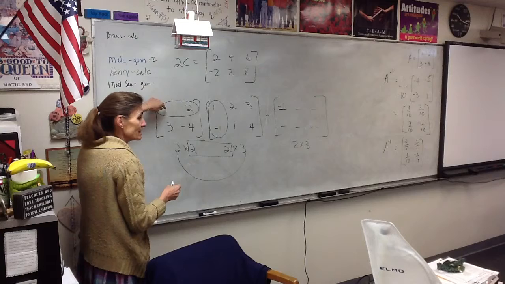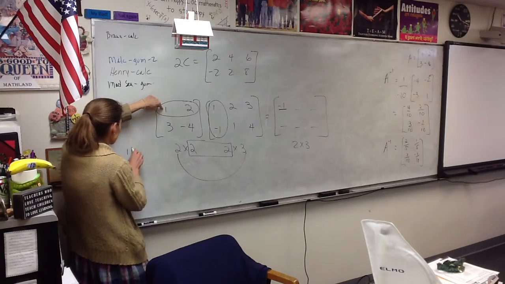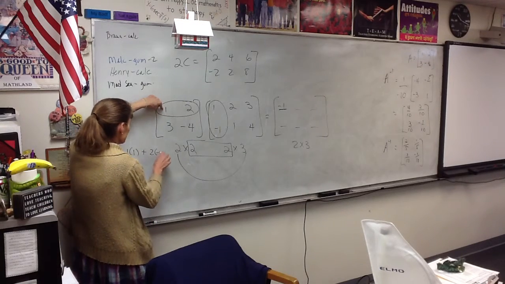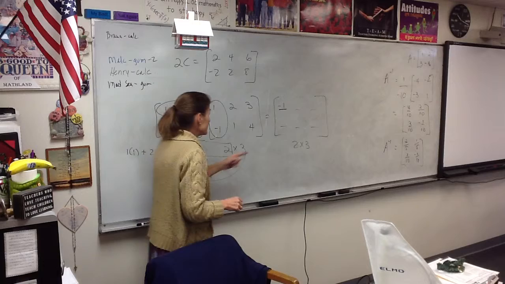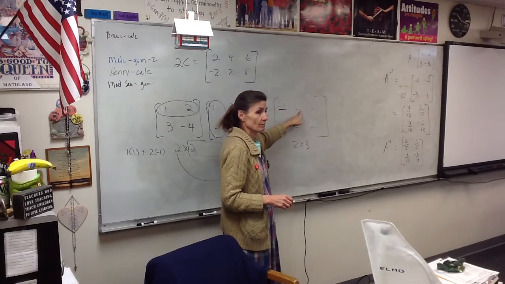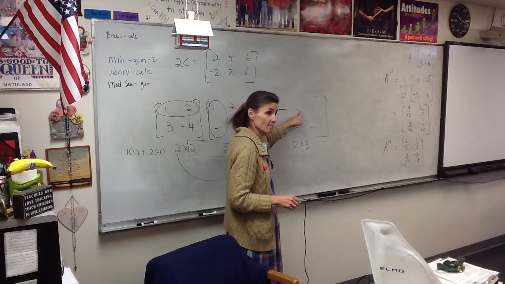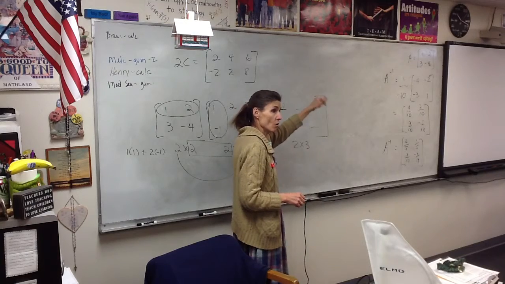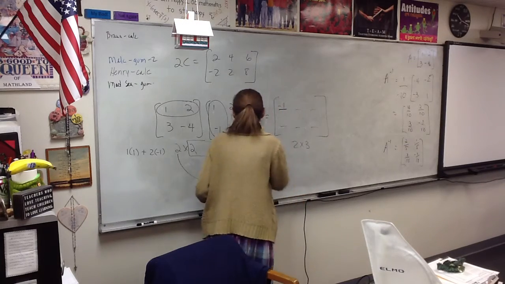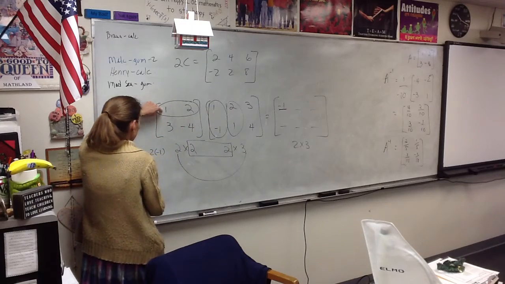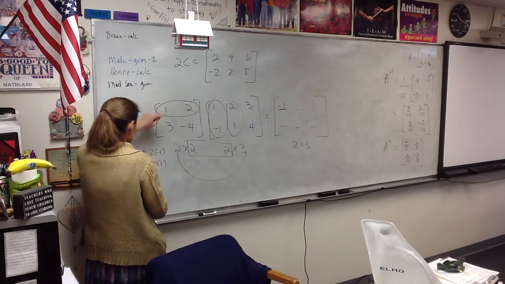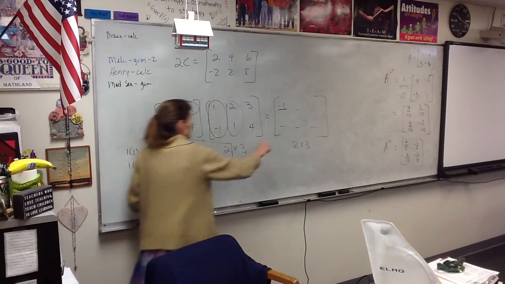Now you might need to write that down, and that's okay, just over to the side. 1 times 1 plus 2 times negative 1. Now we're ready to find this number. Well, where is he? First row, second column. So we'll take 1 times 2 and 2 times 1. So that adds up to 4.